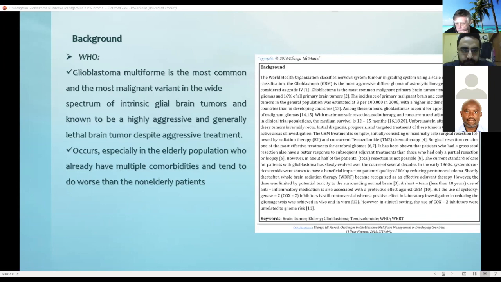And the bad thing is that it occurs especially in the elderly population, who already have multiple comorbidities and tend to do worse than non-elderly patients. But we can also have GBM in young people, in children.